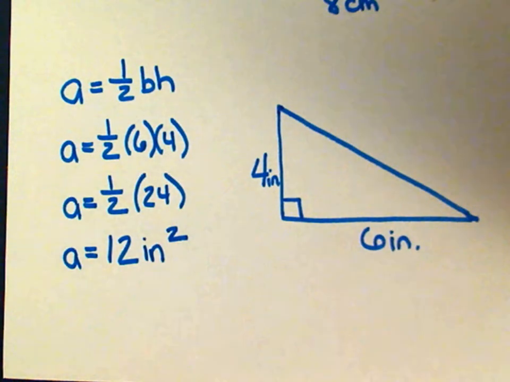Side by side, I want to multiply. 6 times 4 is 24. I still don't know my area. Now I'm looking for what is half of 24. Half of 24 is 12. Now that I'm at the point where I have area equals just one number, I know that is my area. Make sure you put in your unit of measure. To show area, we put squared.